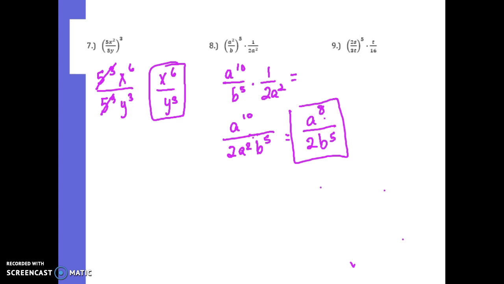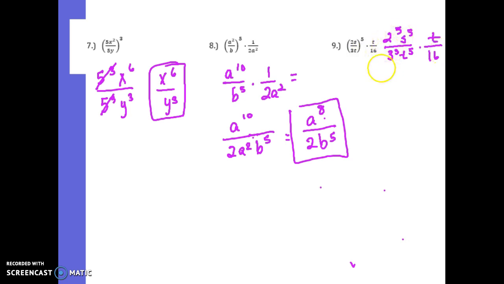Number 9, we're going to end up with 2 to the 5th, s to the 5th, divided by 3 to the 5th, t to the 5th, and we're multiplying that by t divided by 16. Okay, so now we're going to go straight across. Well, we'll evaluate.